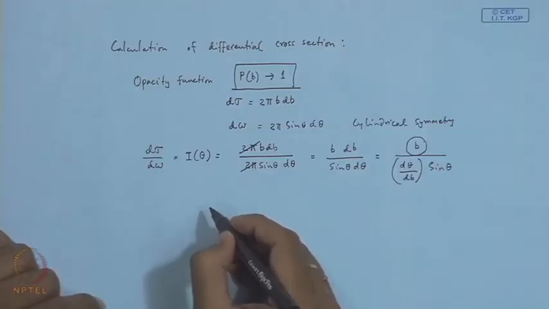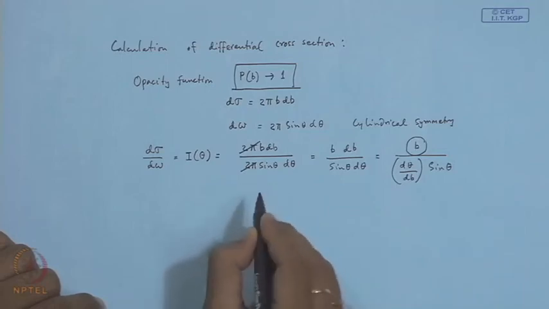Same scattering angle, but that same scattering angle could be due to different b values. So, we have to take that into account as well. Therefore, we need to sum over those things.